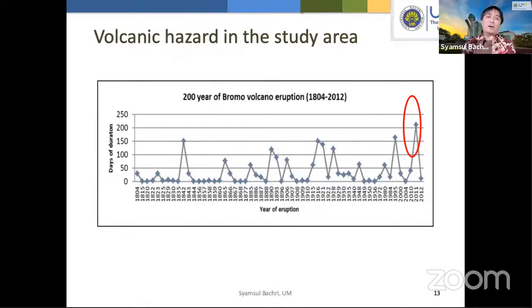So that means 200 years of Bromo volcanic eruptions. We have many eruptions, you know. So on one side we have a really beautiful view of Bromo, but then we have this fact, this data.